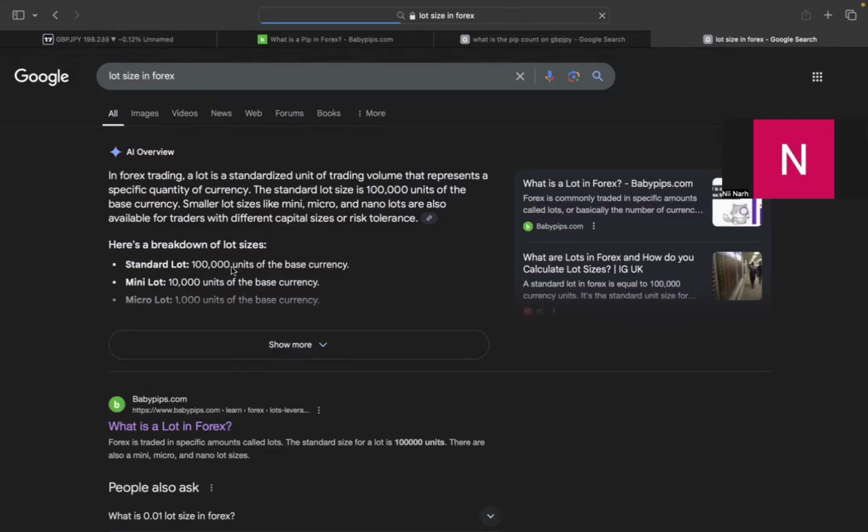That's where the lot size comes in. Lot size is the size of your trade. I usually like to use this example.